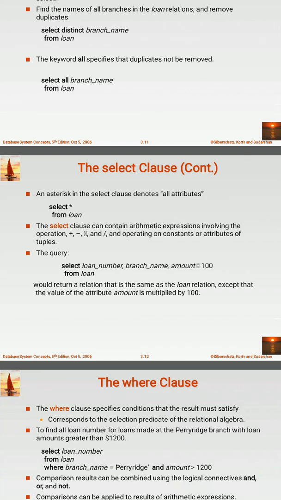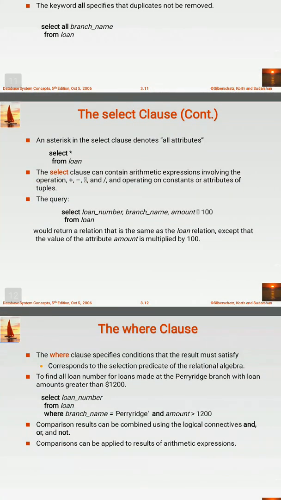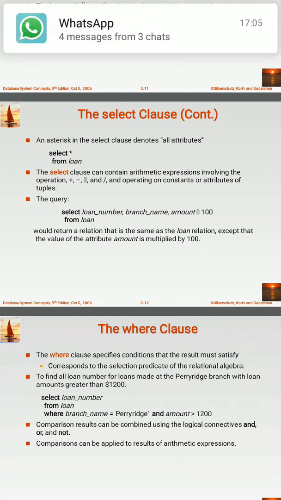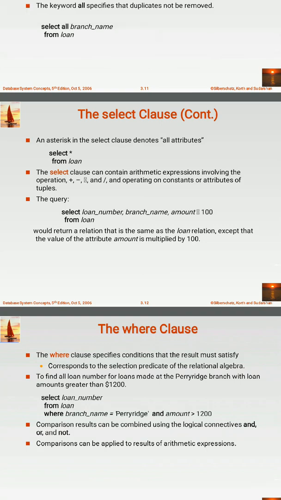The query select loan_number, branch_name, amount * 100 from loan would return a relation that is the same as the loan relation, except that the value of the attribute amount is multiplied by 100. Now this was all about the select clause.